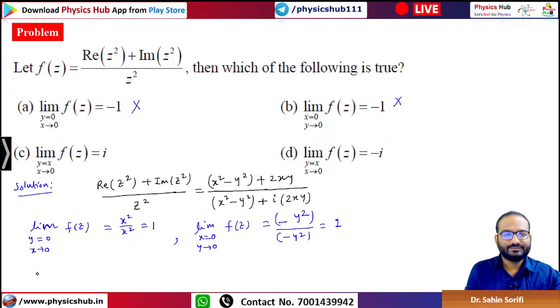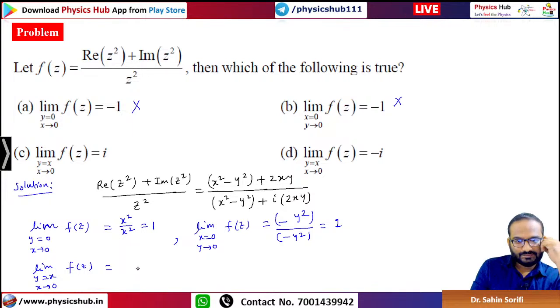Let's check the third one. Limit y equals x and x tends to 0, f of z. Wherever you see y, you write x.